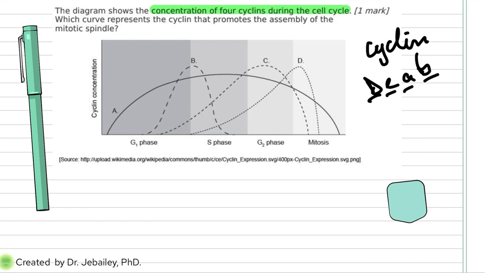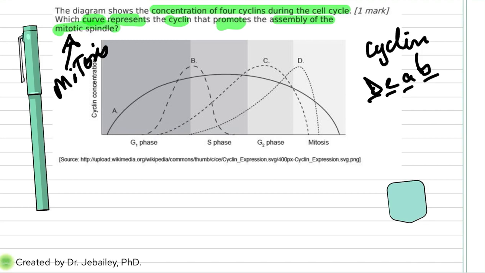Now, here it's asking you which curve represents the cyclin that promotes the assembly of the mitotic spindle. So this is basically saying it's the cyclin, if you remember from mitosis, you are making spindle. So this must be something related to mitosis. So it's the cyclin that pushes mitosis to go forward.